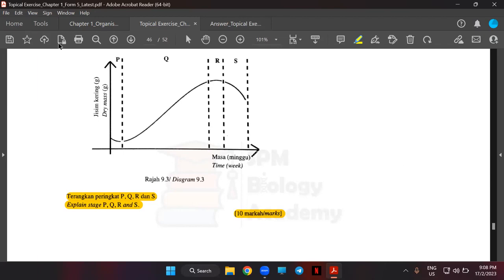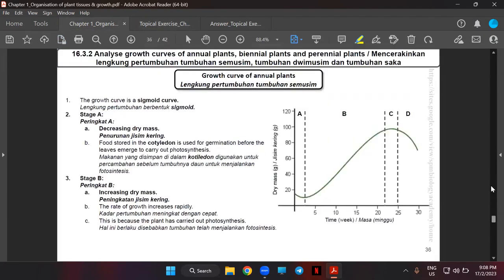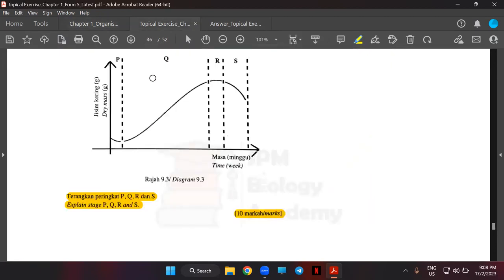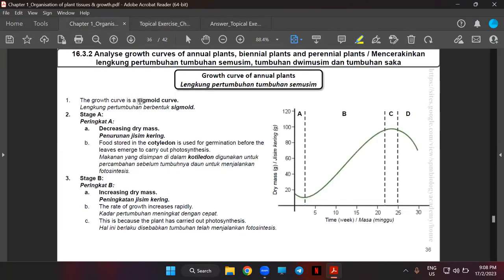So what we do, kita ambil daripada nota kita terus. This is the one. Okay, markah pertama, you write this. Graf lengkung pertumbuhan bagi tumbuhan semusim ini berbentuk sigmoid. Saya ulang balik.